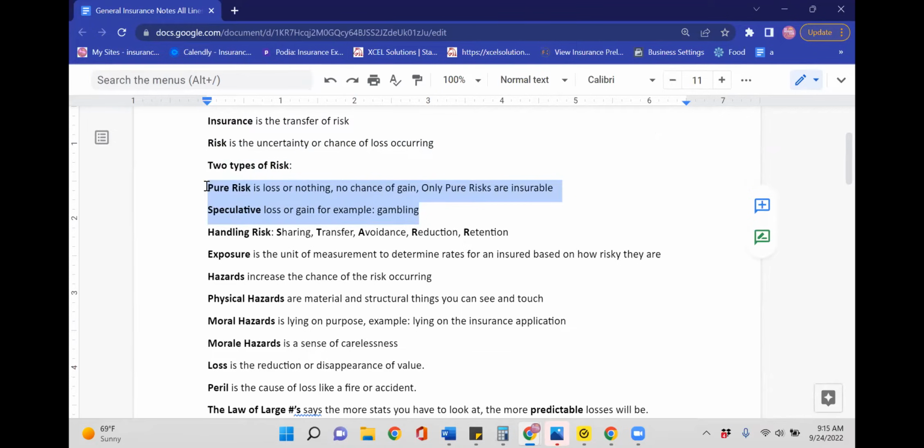When we say that insurance is a transfer of risk, I'm going to transfer the risk of my house burning down to the insurer. I'm going to transfer the risk of my car crashing to the insurer. There are only some risks that they will take. They will not take every risk, right? There's all kinds of risks out there, like even the risk of getting married.